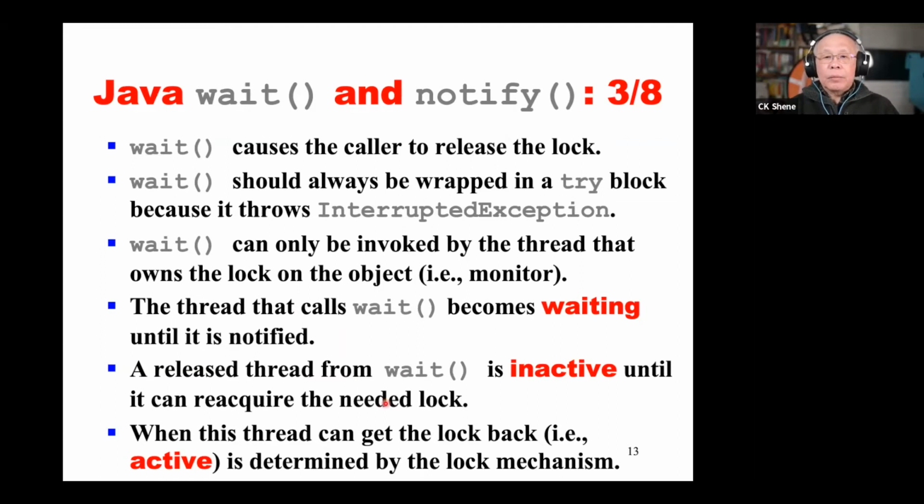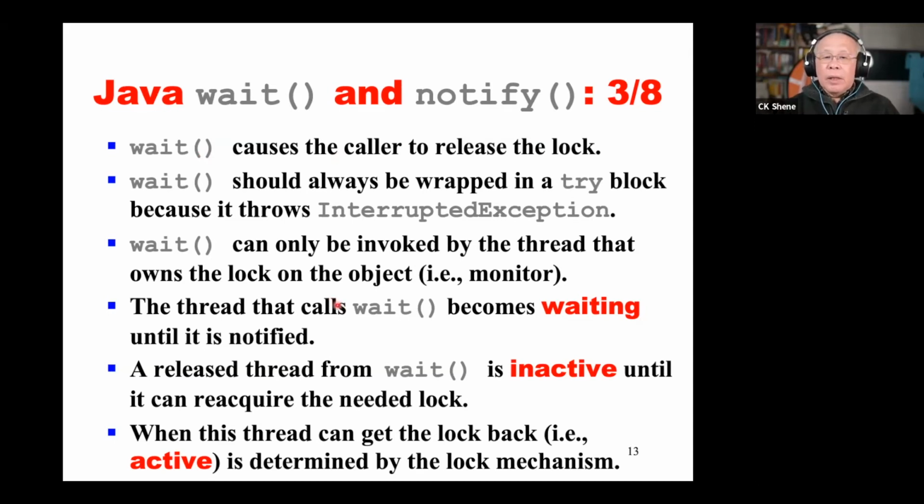Remember this: let's say thread A acquired the lock of the common object, and somehow thread A calls wait. Thread A would be blocked immediately, and the lock acquired by thread A will be taken away. So thread A is no more the owner of the common object lock, and thread A is in the waiting state.